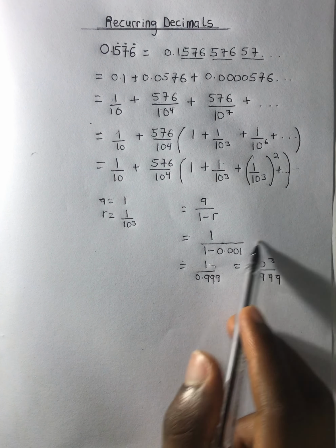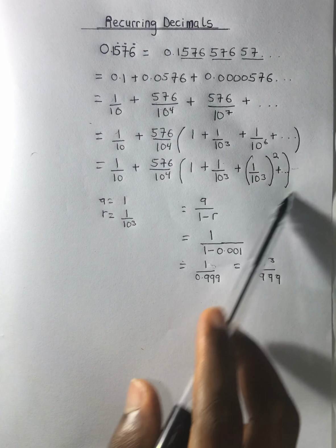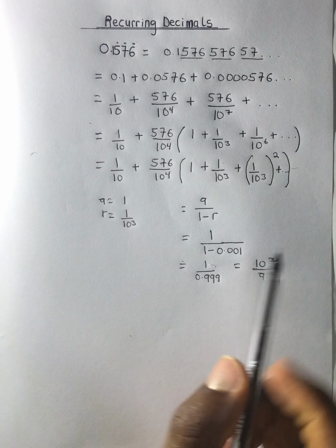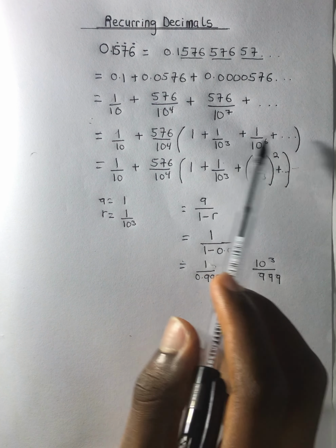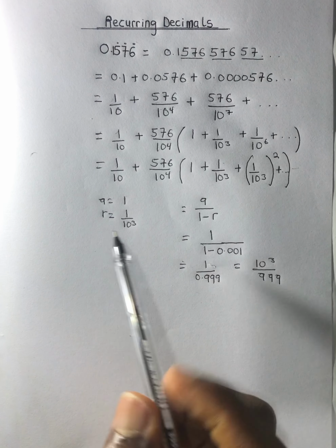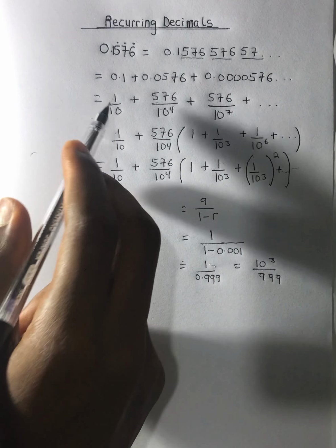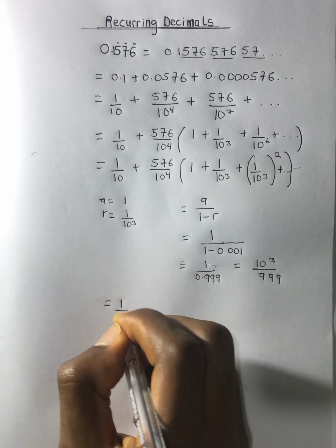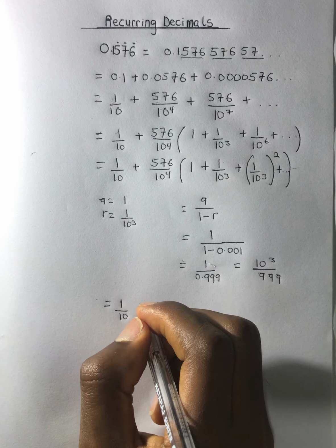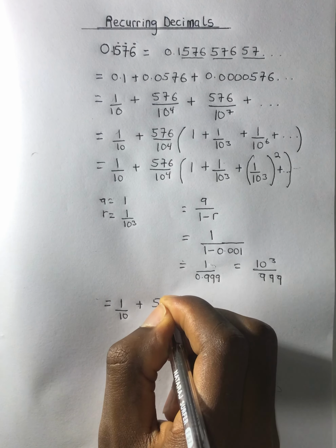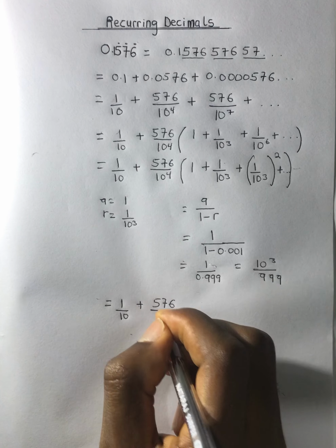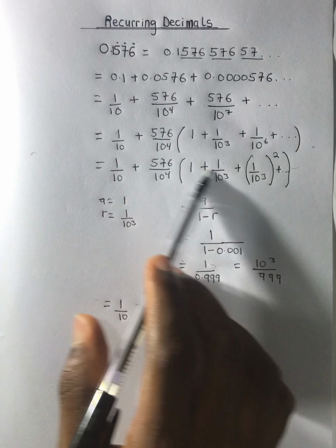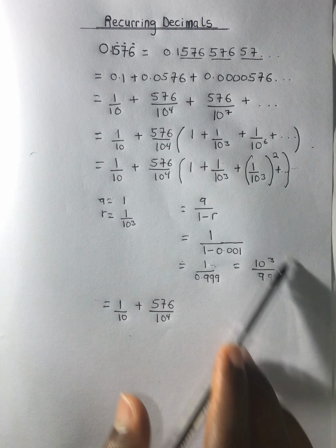So we have our expression for the geometrical sequence, the entire expression. Now we come back to our expression, which is this, and let's see how we can express this. So we have 1 over 10 plus 576 on 10 to the power 4, and this has been expressed as this.